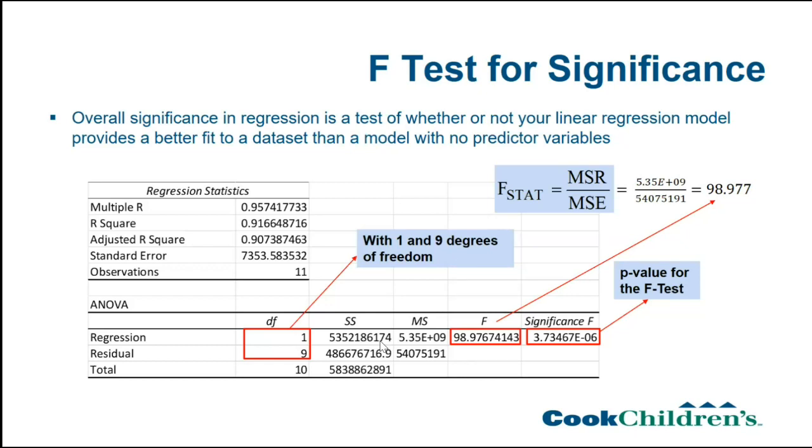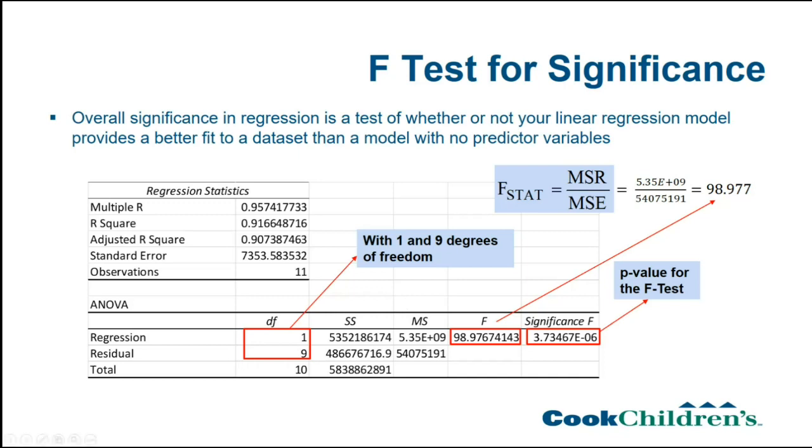So the last thing to look at in the output of the Excel regression data is your F-test. Basically, it gives you the overall significance in regression and whether or not your linear regression model provides a better fit to the data than a model with no predictor values. So basically, it just shows you how accurate your model is compared to a model without predictors.